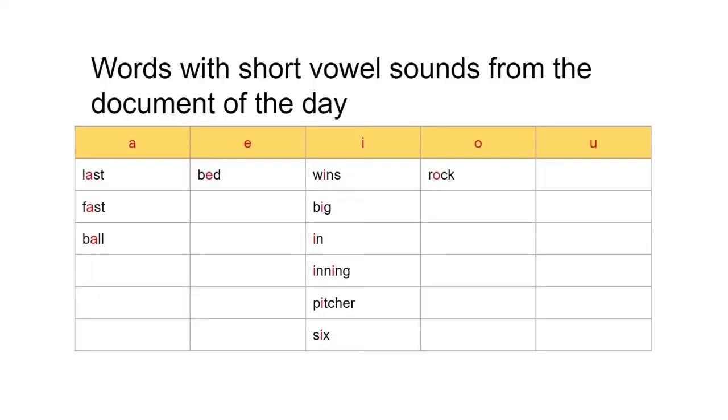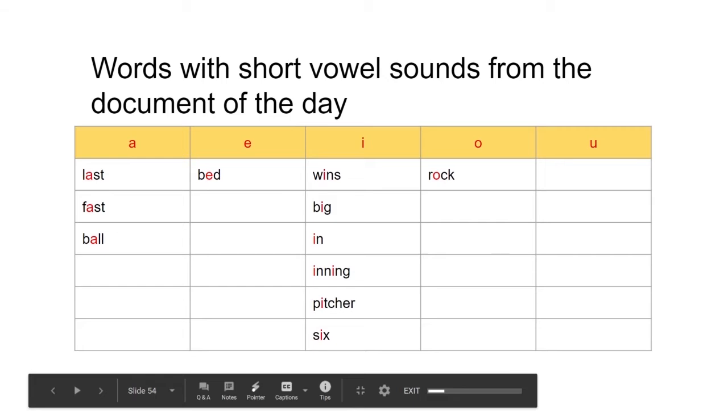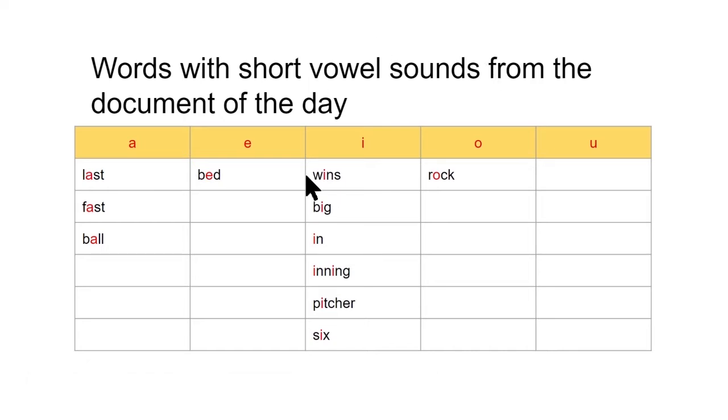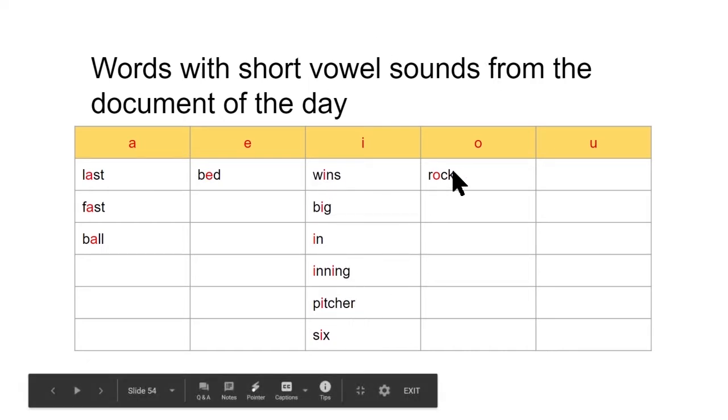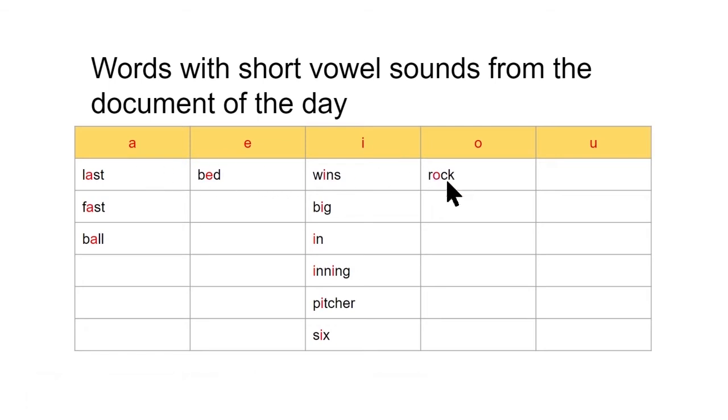Okay. So in the class, we would have all the students come up and fill in words that they know that have either a short A, E, I, O, or U sound. So you might want to think of those. And what we've done is we've taken the words from the story and we've classified them according to their short vowel sounds.